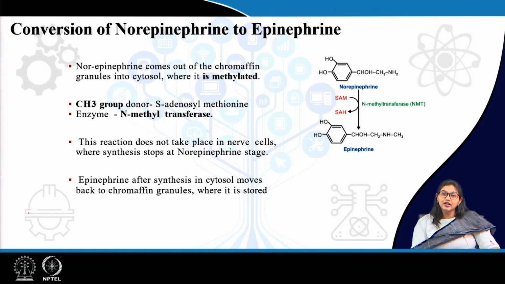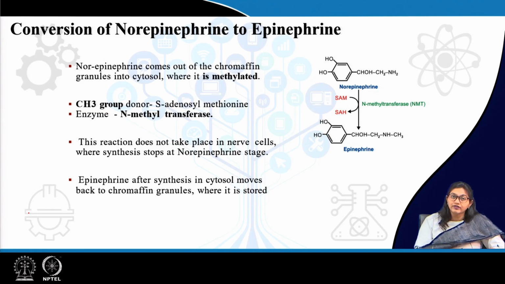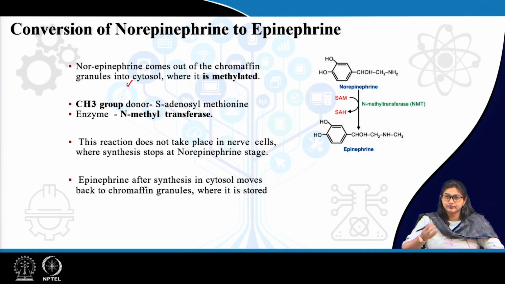Now, from norepinephrine there is formation of epinephrine. Once again the norepinephrine comes out of the chromaffin granules into the cytosol. In cytosol there is formation of epinephrine. The reaction is a methylation reaction, and you all know the methyl group donor is S-adenosyl methionine, which when it gives up its methyl group forms S-adenosyl homocysteine.